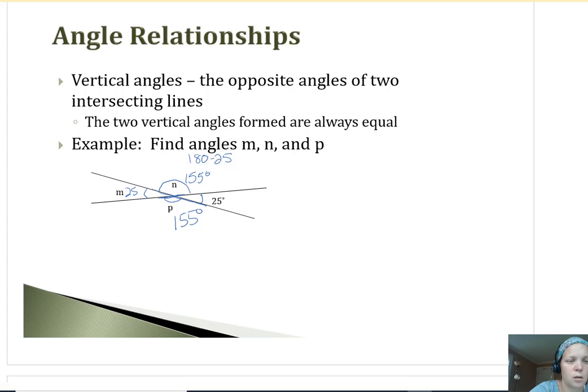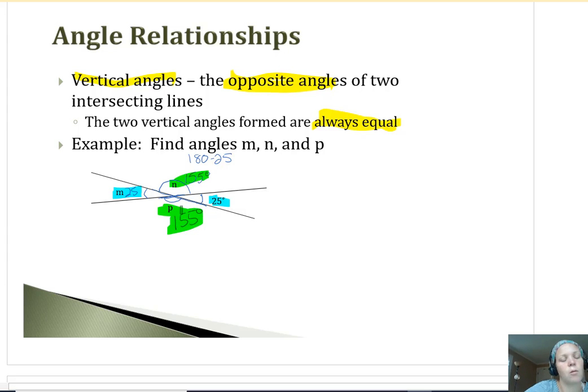Notice, up above in the definitions, vertical angles are angles that are opposite, and they're always going to be equal. So the 25 and the m are equal, and then the n and p would always be equal. That'll always be the case if you're talking about two lines intersecting.